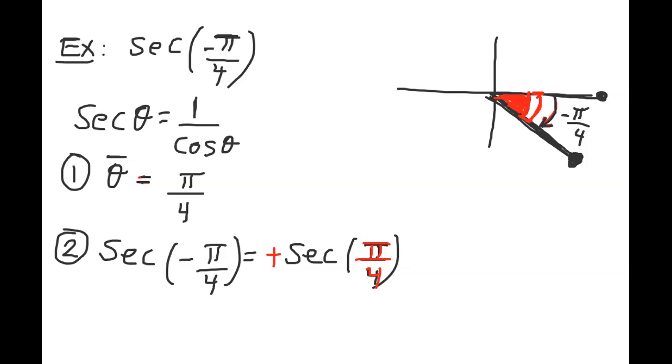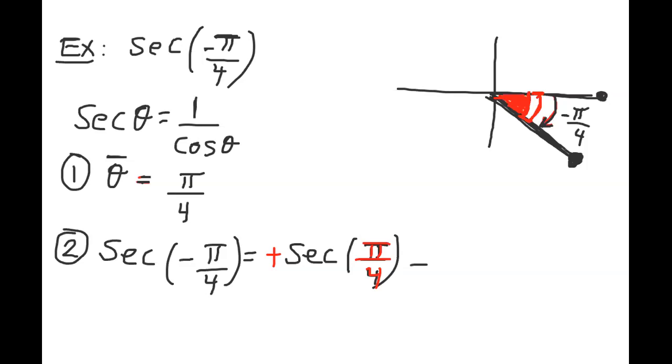When the angle is negative, it's better to look at the graph so we don't get confused finding the reference angle. And we know the reference angle is always positive.